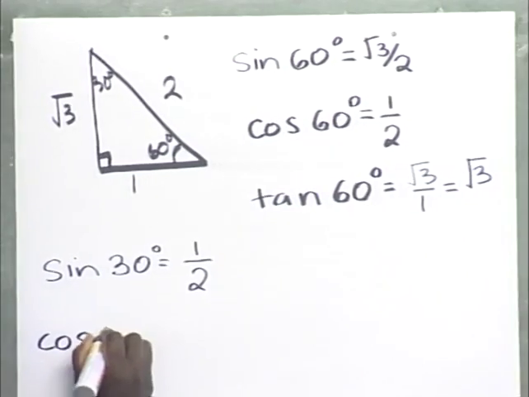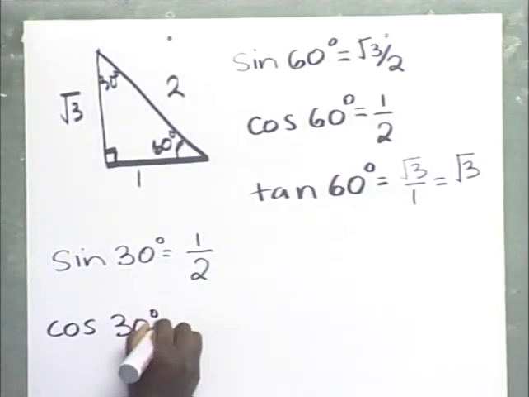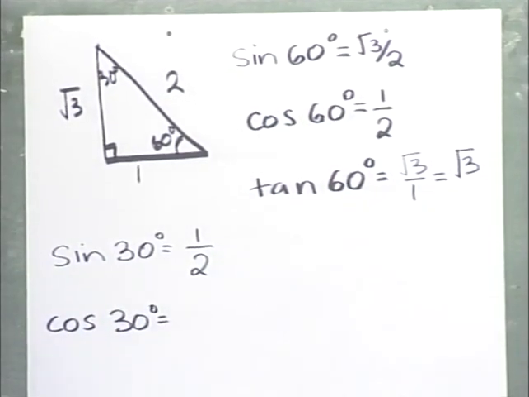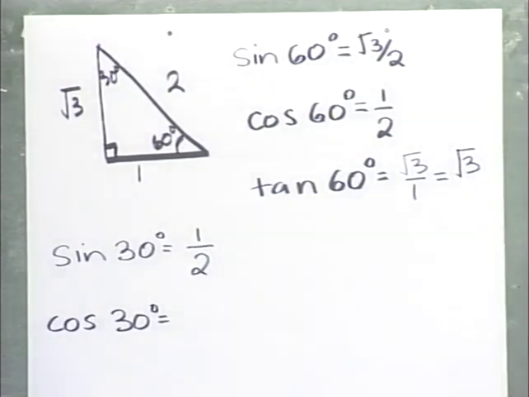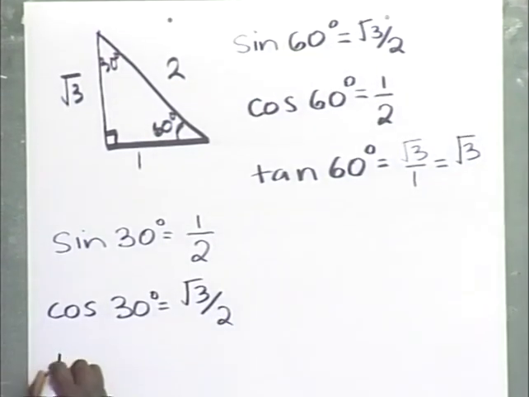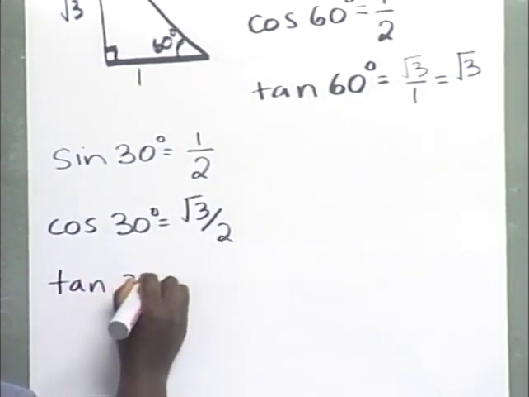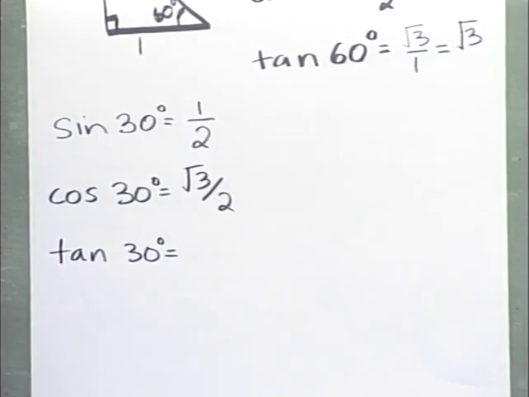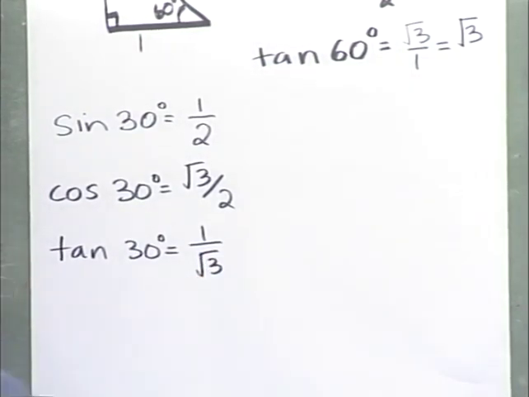Okay, cos of 30 degrees, Peter? Root 3 over 2. Tan of 30 degrees, Andrew? 1 over root 3.